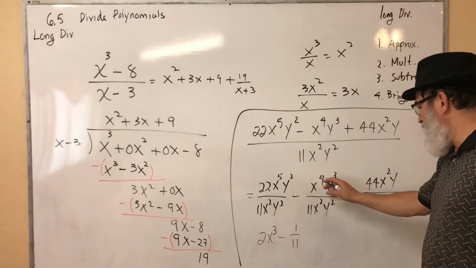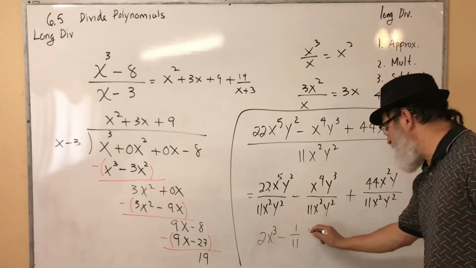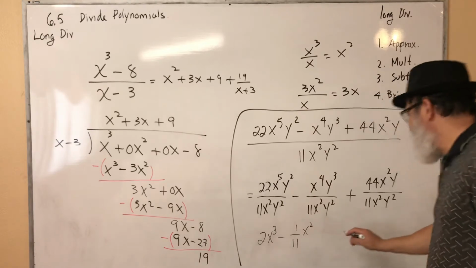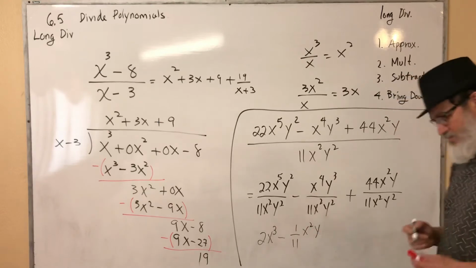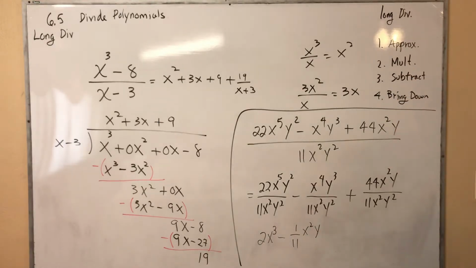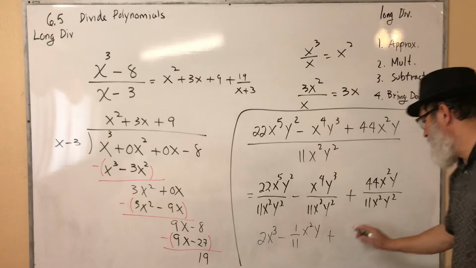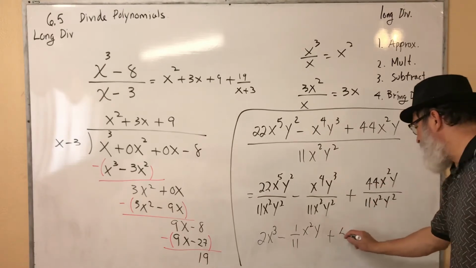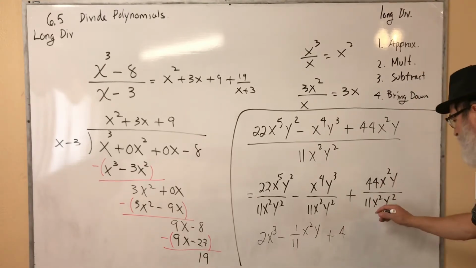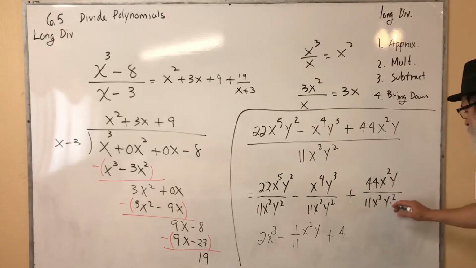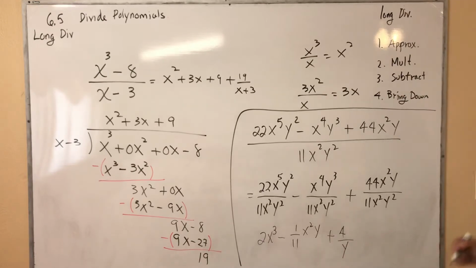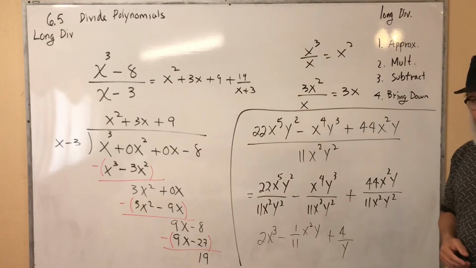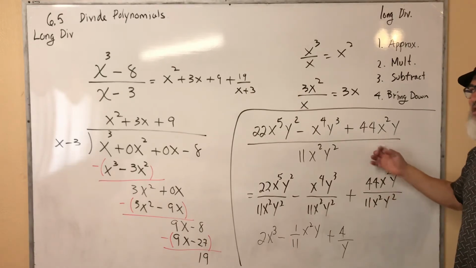And x to the 4th divided by x squared is x squared. y cubed divided by y squared is y. Plus 11 into 44 is 4 times. The x squares cancel, and y divided by y squared is y in the denominator. And that's how you do division with a monomial. This is the easy case.